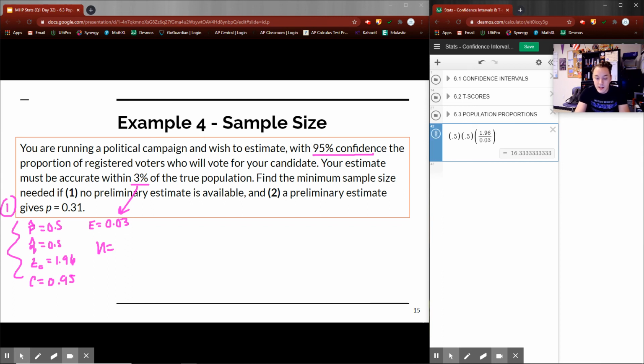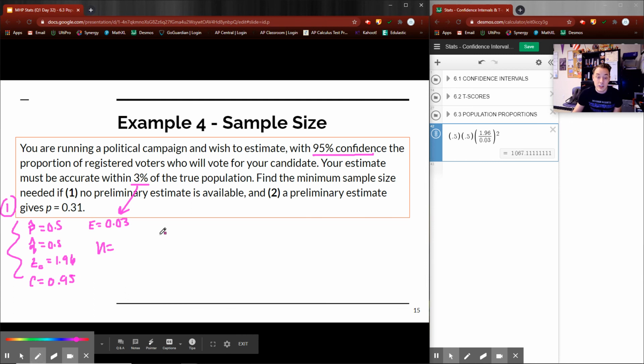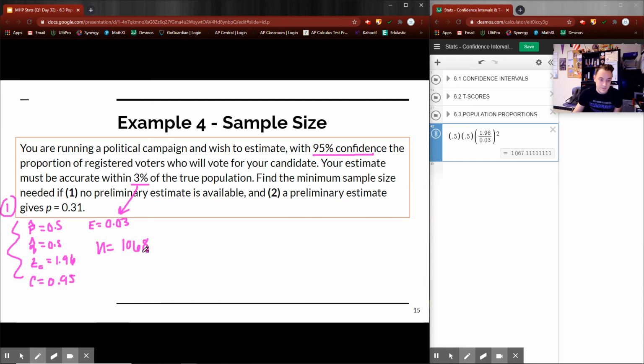I'm going to end parentheses on that, and I'm going to square it, okay? And so that will become my minimum sample size. And I'm actually going to round that up to 1068, okay? Because again, I want at least this to make sure I cover all that is necessary. So my minimum sample size is going to be 1068. That is how many registered voters I need.